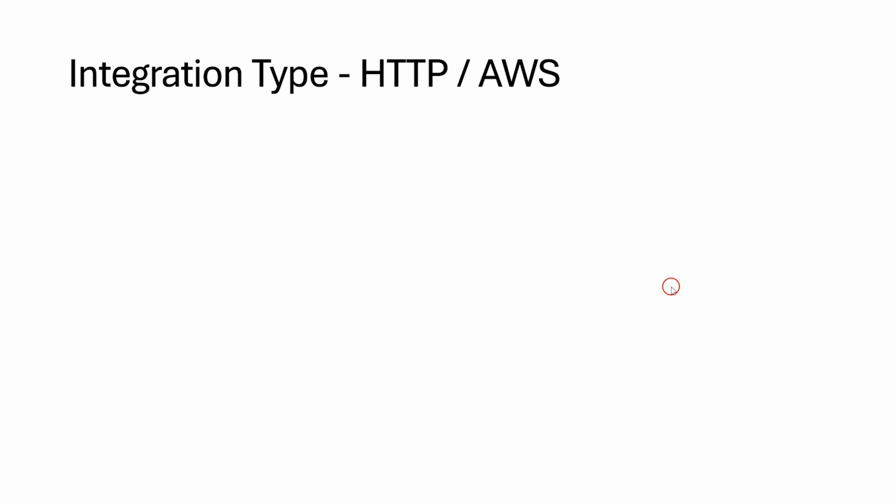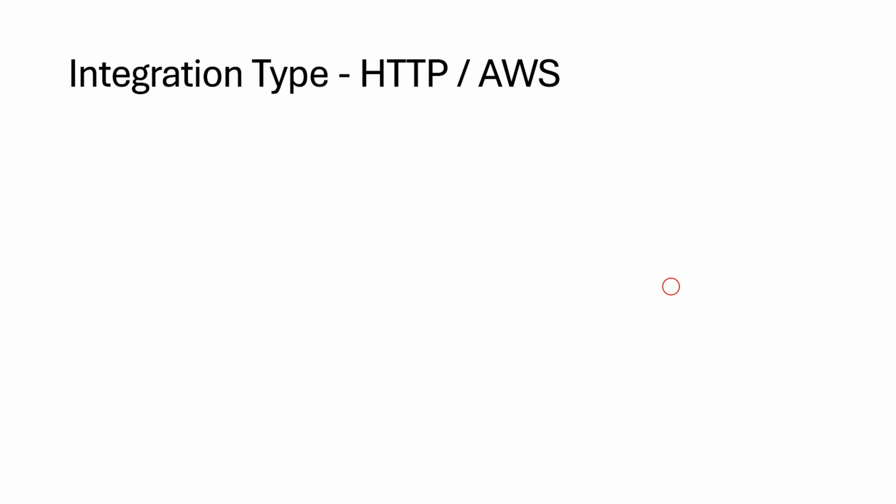Moving on to the first integration type, that is HTTP or AWS. This is where API Gateway interacts with HTTP endpoints. For example, you have existing HTTP endpoints, or you deployed something on your EC2 instance and you want to access those HTTP endpoints.